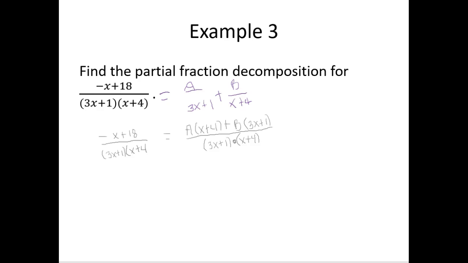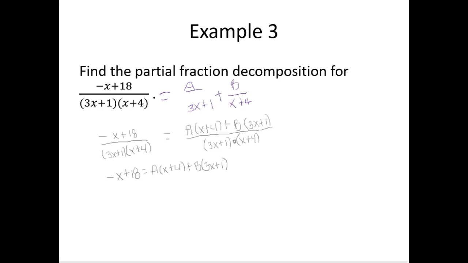Now, we see we have two equal fractions with the same denominator, so we can drop the denominators off of there. So we got negative x plus 18 equal to a times x plus 4 plus b times 3x plus 1.